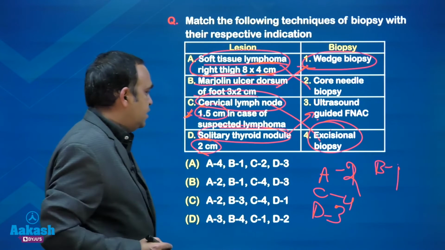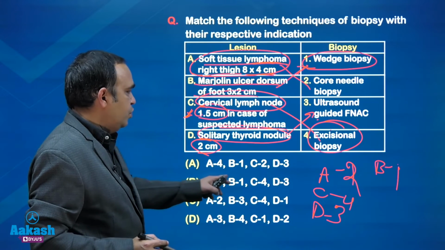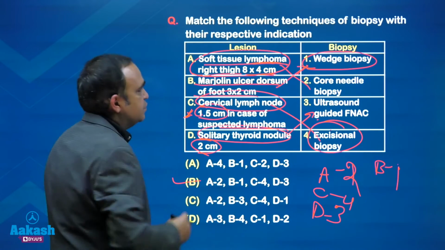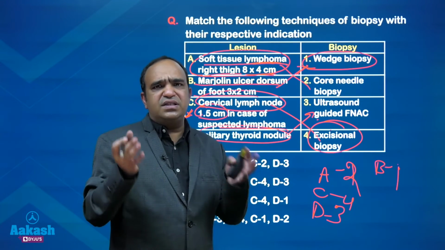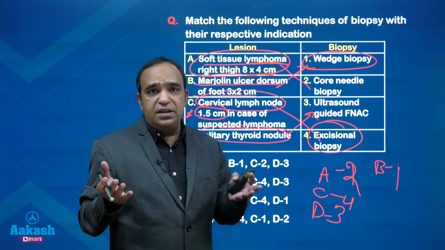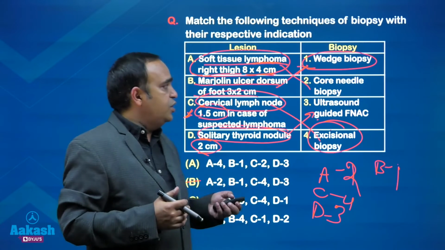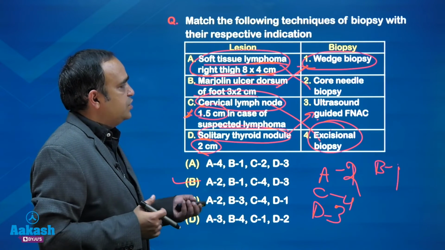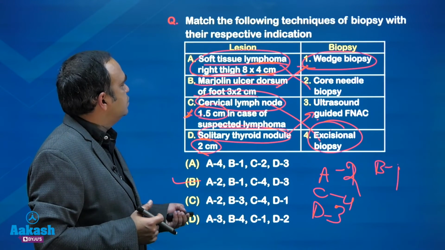So A2, B1. So that's the answer. So easy. Just look at the size, the location, the kind of lesion, the nature of the pathology, and then look at the choice of biopsies.